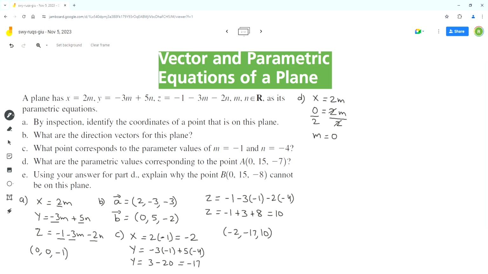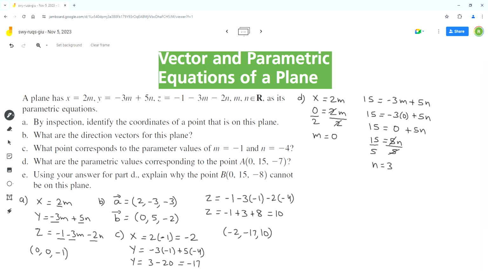Now we can use the y equation and we'll sub in y as 15. We know that m is equal to 0. I get n equals 3.